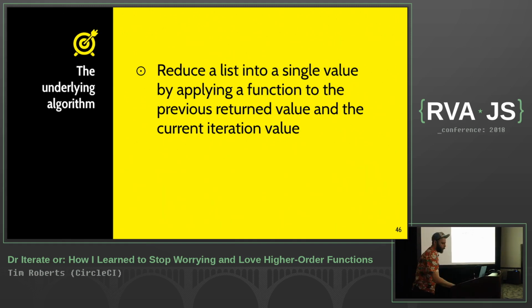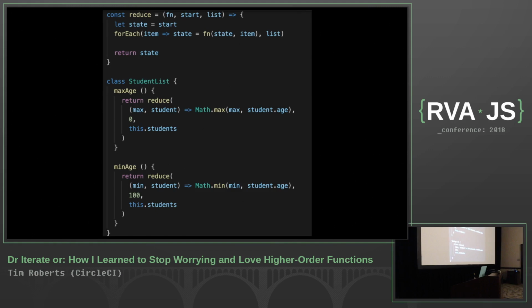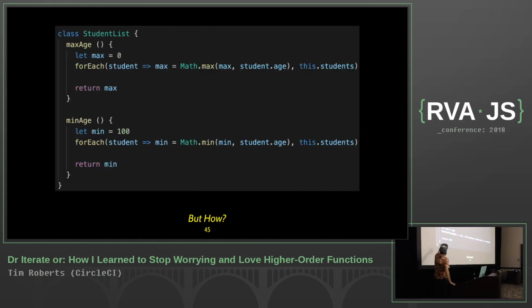That's wordy, so let's look at the code. Wow, they really cut that off. That's fine. Reduce, way at the top. You can't see it, but it's going to take a function, some start value, thank you, sir, and a list. And just like before, just like with this code, I wrap this thing in some function.